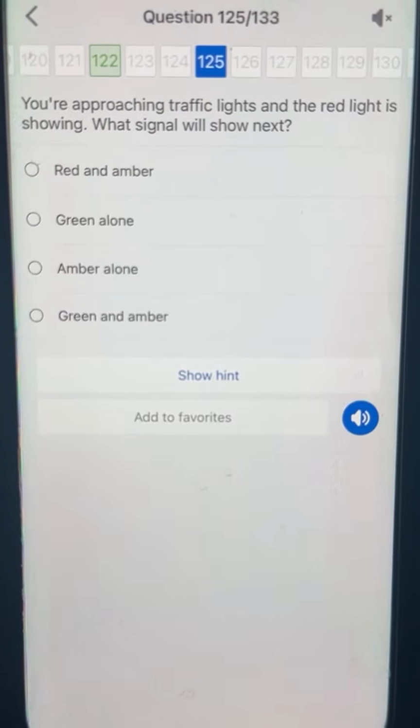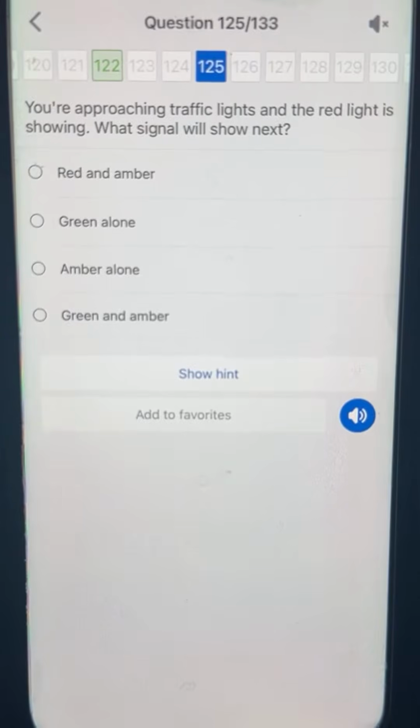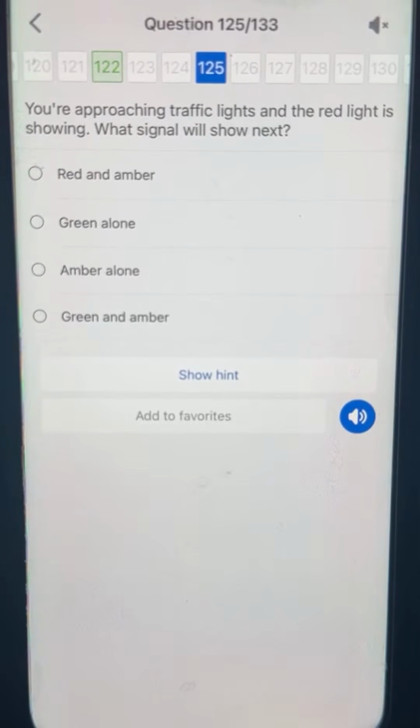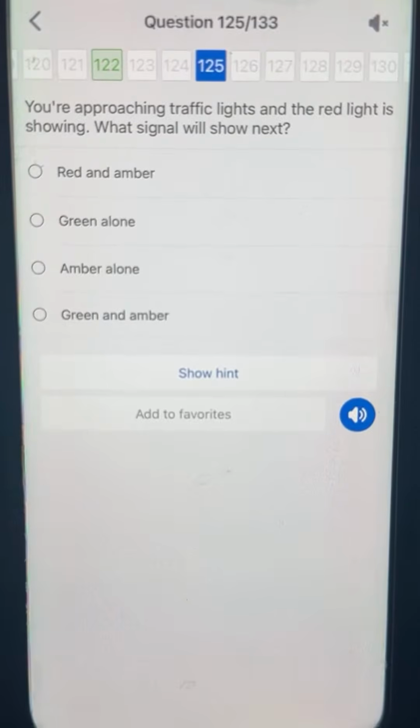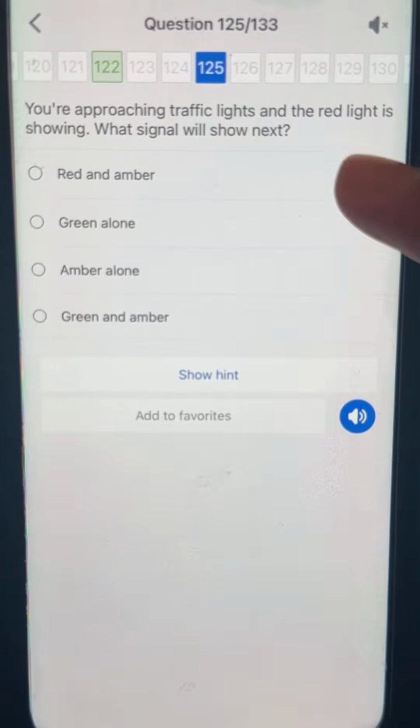If you just memorize red, amber, green, amber, red, you will be fine. Red, amber, green, amber, red. Good.